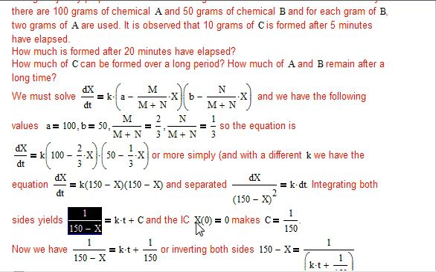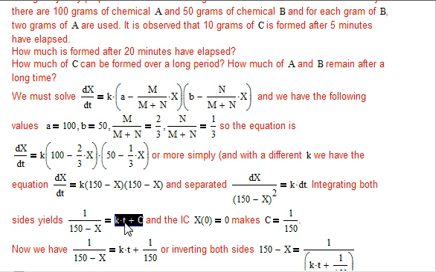And we also get the initial condition: there's no chemical C in the beginning. And that forces this C to be 1 over 150. Time out on that one.